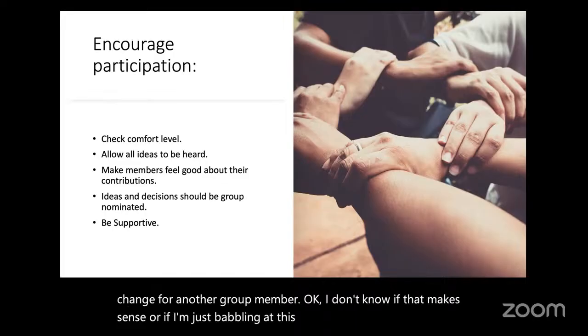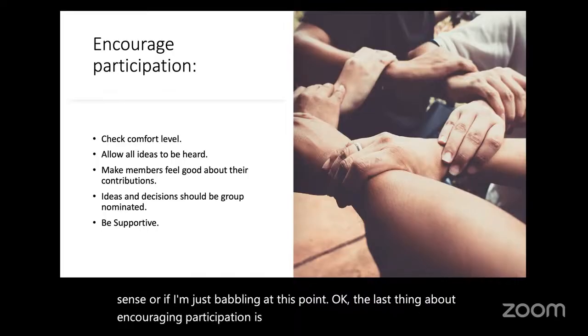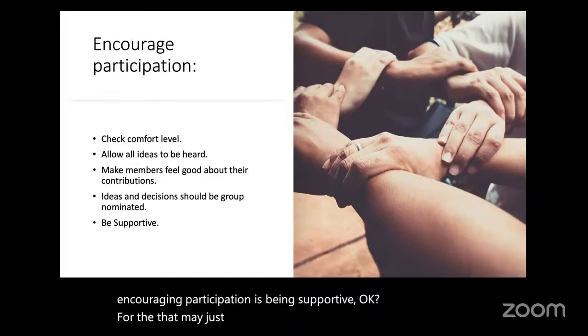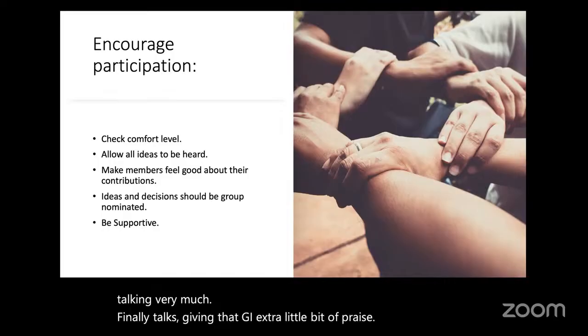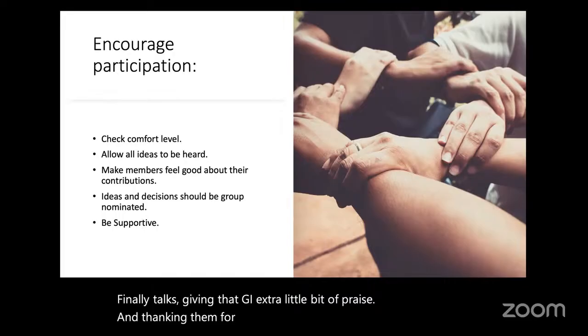The last thing about encouraging participation is being supportive. That may just mean that when the person who doesn't like talking very much finally talks, you give an extra little bit of praise and thank them for stating whatever they stated.